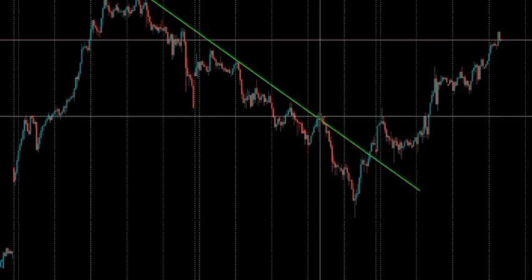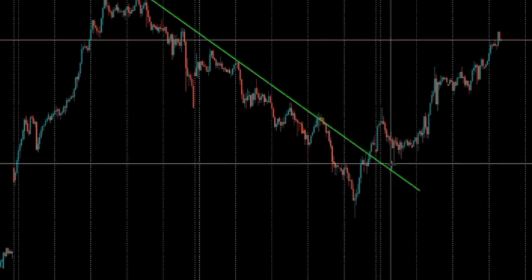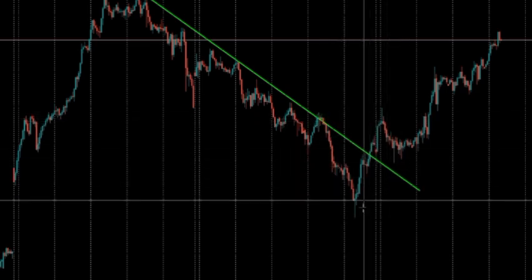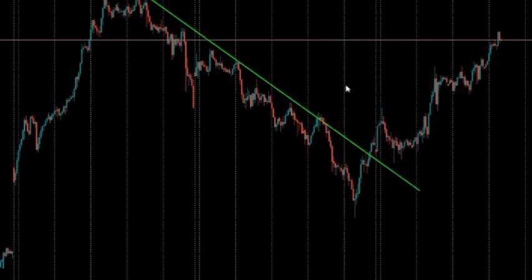You see that price is at the 50% fib, and it has come back to retest the trend line.